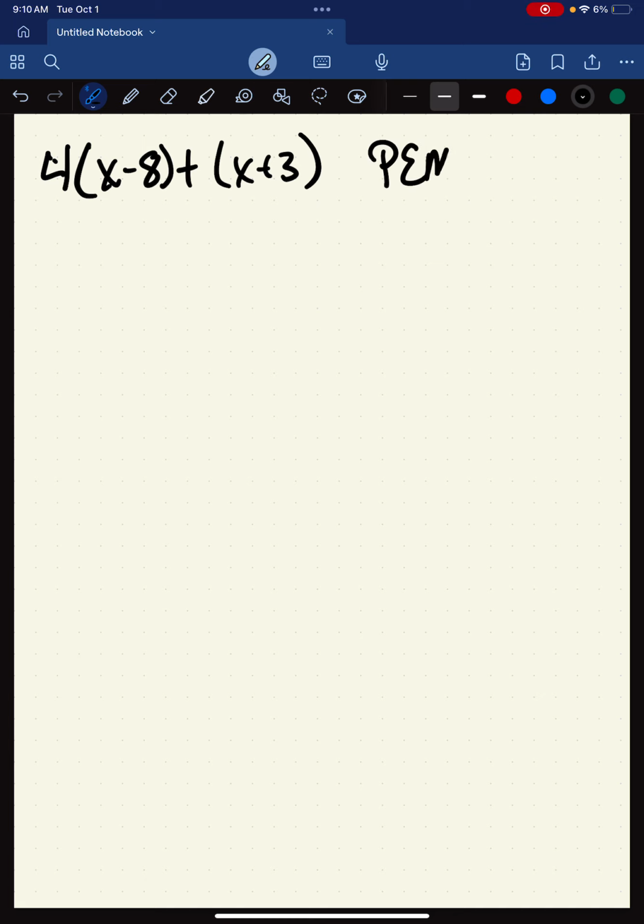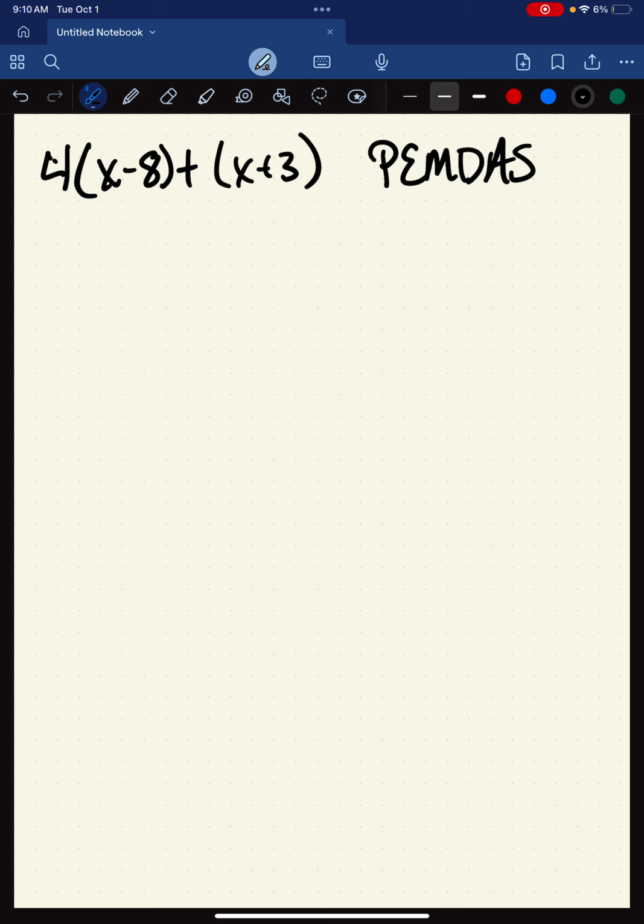Let's look at, let's say, 4 times (x minus 8) plus (x plus 3). So the first thing we're going to do here in the order of operations is parentheses. So let's look inside the parentheses. Is there anything we can simplify here?